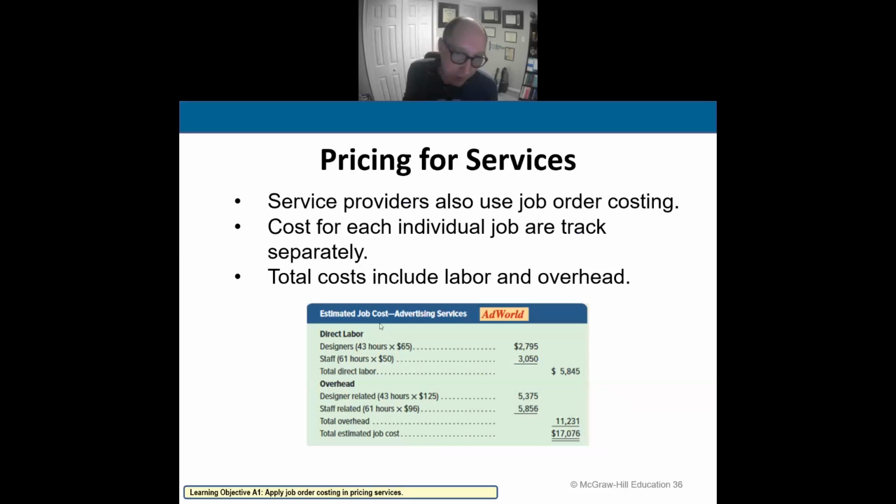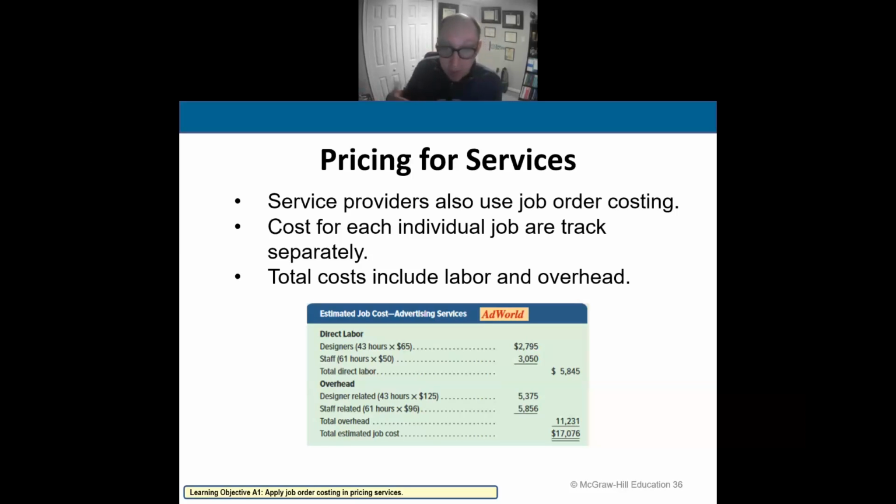For service companies like an airline or an advertising agency or a hotel business or bar business, those service businesses have similar job order costing systems that they could use to track.